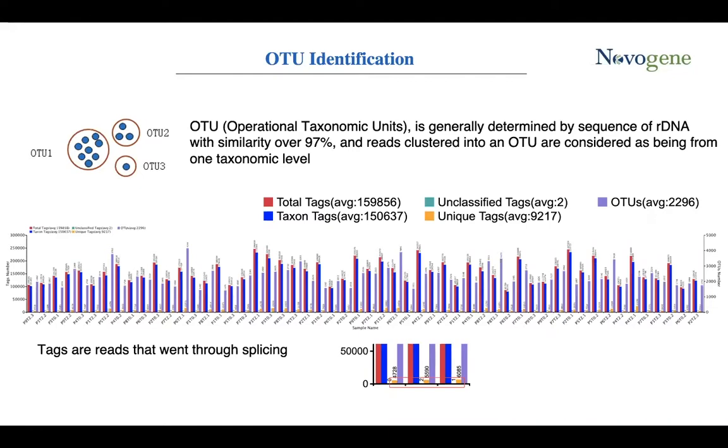In the process of constructing OTUs, the basic information of different samples will be collected, such as the tags data. Tags are basically the reads that went through splicing after sequencing. And the summarization is shown in this figure.